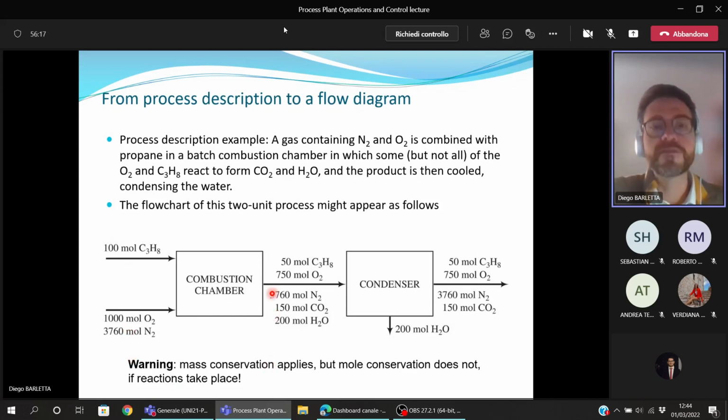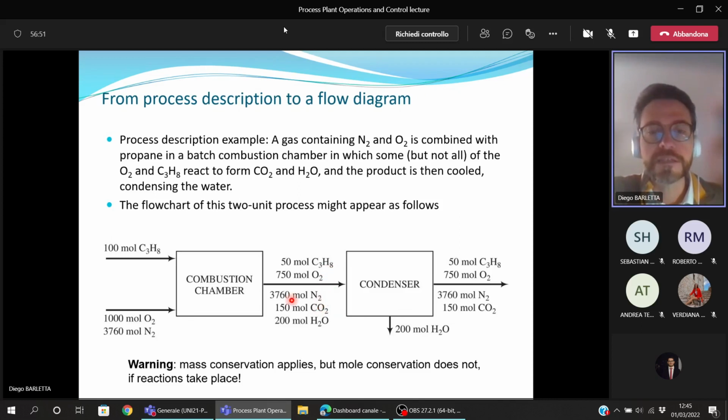Then the stream leaving the combustion chamber is a mixture of 5 components. So we still have propane, because propane eventually is not completely converted by combustion. We have 50 mole out of 100. We have oxygen that is less than the quantity entering, because the oxygen is consumed by oxidation reaction of propane.